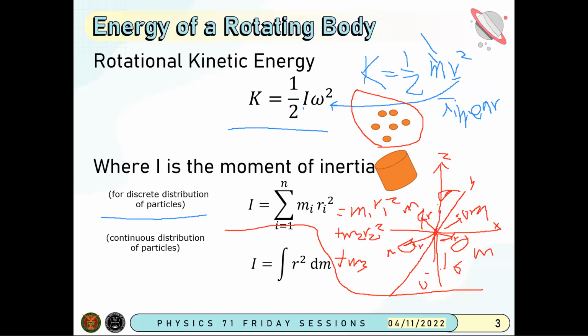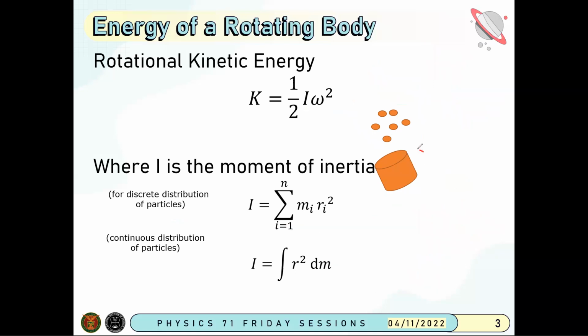Now for a continuous distribution such as this one, you need to use calculus, which is the integral form. So the integral form is the integral of r squared dm.